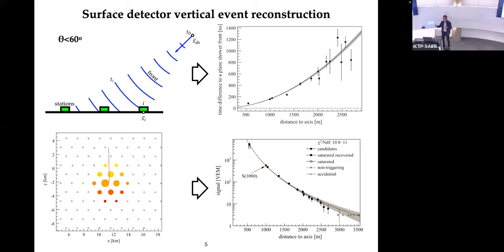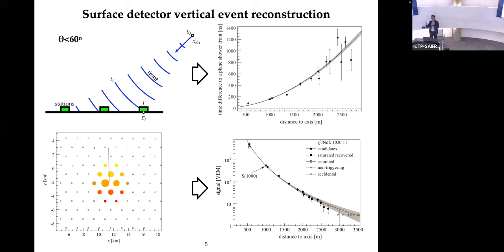Auger was the first observatory to do this in a data-driven way, because we are a hybrid detector. For a subsample of these showers, the same cascade is measured by the surface detector, but also by the fluorescence telescope. And the fluorescence telescope makes a calorimetric energy measurement of the shower.